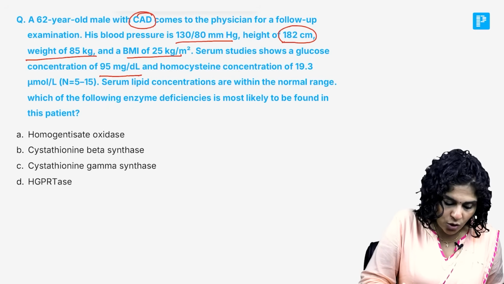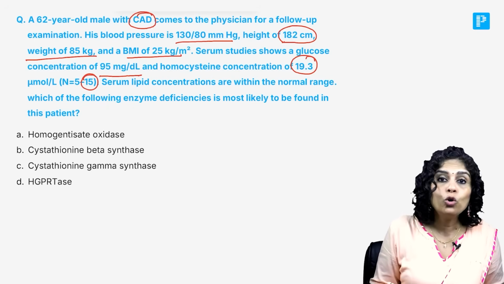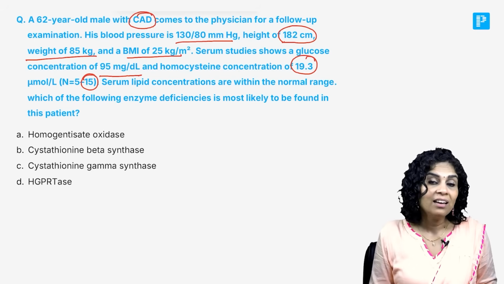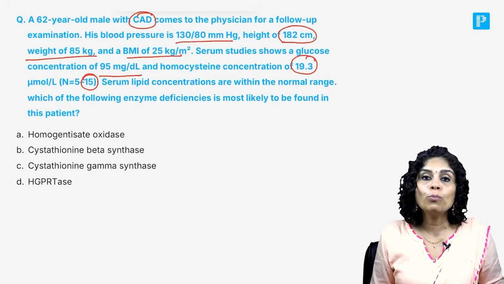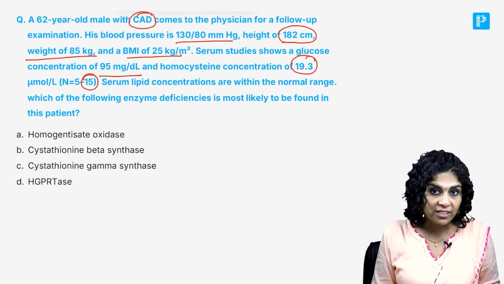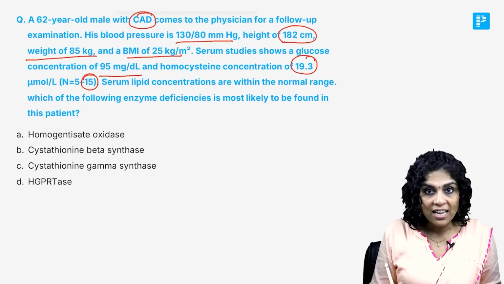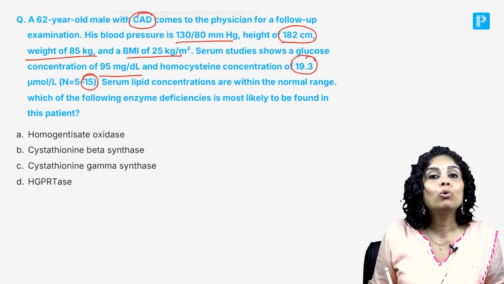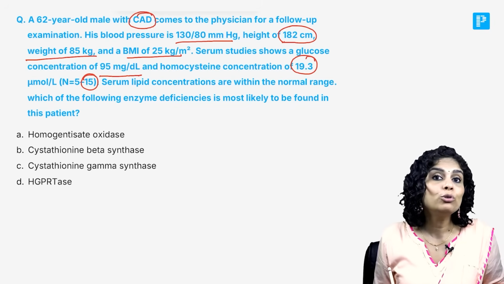And homocysteine concentration is high. Normal is still 15. The homocysteine concentration is high. Please remember, hyperhomocystinemia or homocystinuria can cause coronary atherosclerosis because homocysteine thiolates LDL particles. That makes LDL particle prone to get oxidized. Oxidized LDL is more atherogenic.